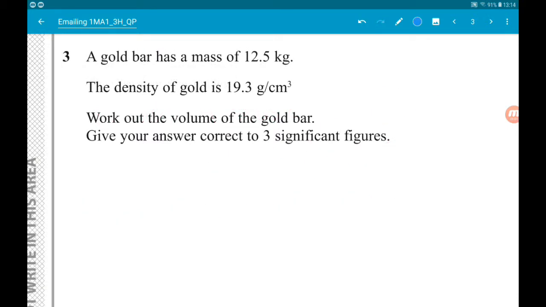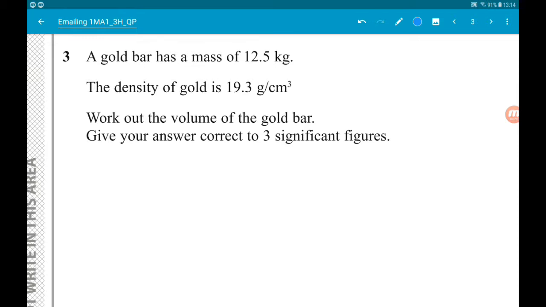Okay, number 3. A gold bar has a mass of 12.5 kilograms. The density of gold is 19.3 grams per centimetre cubed. We want to work out the volume of the gold bar, giving our answer correct to 3 sig figs.